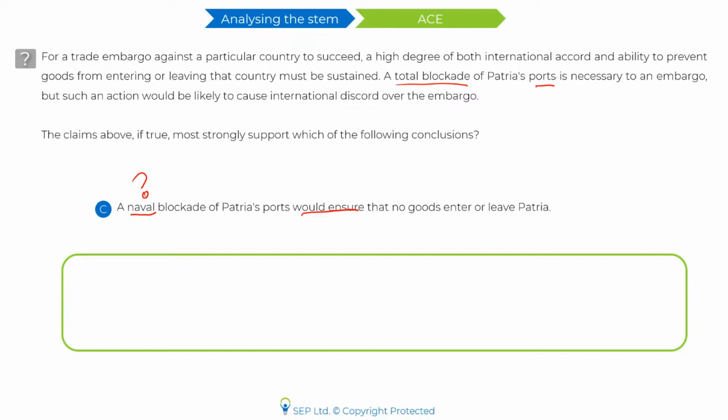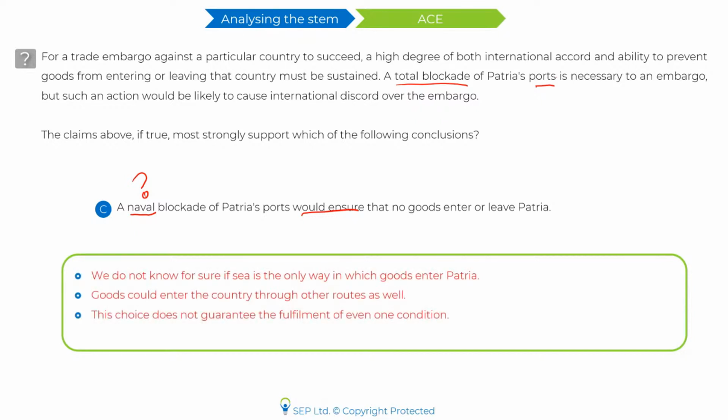And maybe there is some air route, there's some land route, and even if I block the ports of Patria, there might still be ways for goods to enter or leave. So I don't know if the naval blockade is going to really help. So this is also out. We do not know for sure if C is the only way in which goods enter Patria. Goods could enter the country through other routes as well. This choice does not guarantee the fulfillment of even a single condition, and therefore it is out of scope.